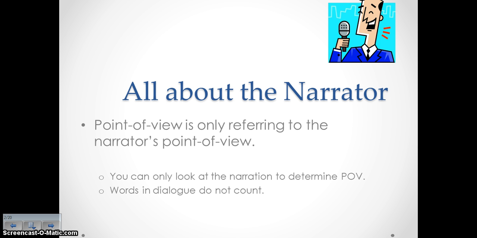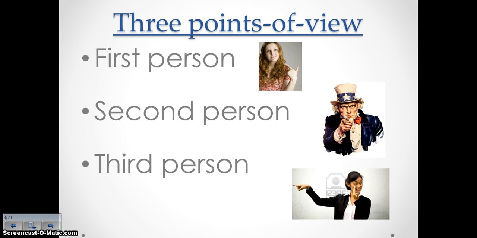But the first thing we're going to do is discuss the different types of point of view that you're going to be seeing this year in English 2. So the three types of point of view. The first type is the first person point of view. Just always think of the picture: this person is pointing to herself. It's all about her. First person point of view.